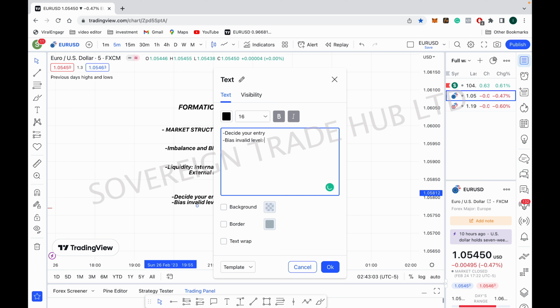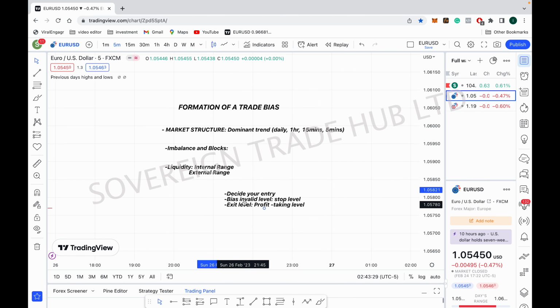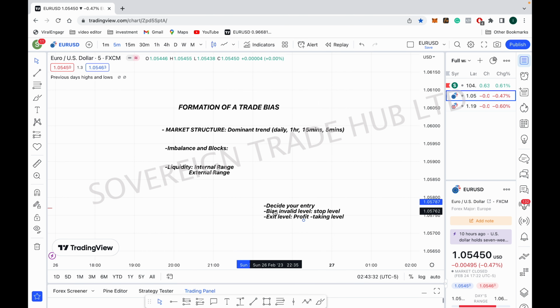It's the level where, if the market gets into it, your bias will be considered invalid, and that level will be your stop level. Then the third one is your exit level, which is what we call the profit taking level.